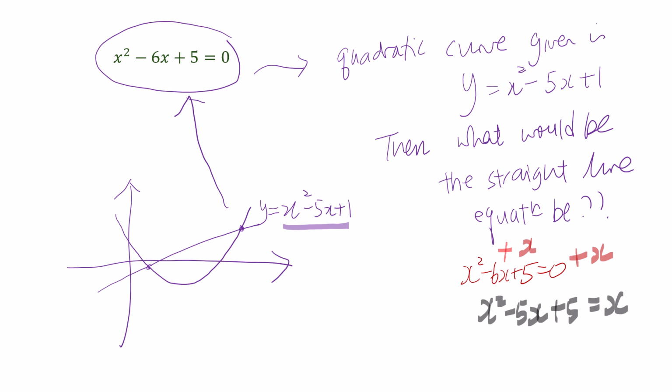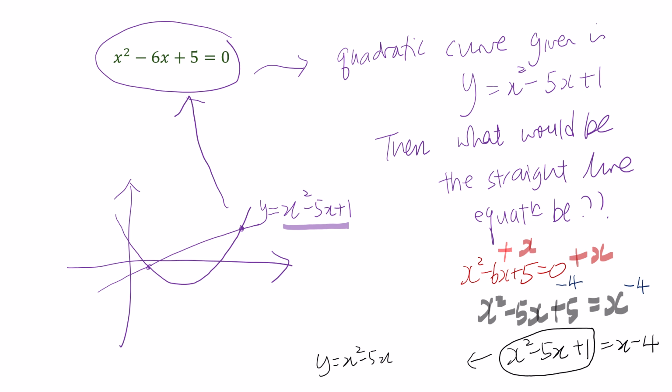And then to get positive 1, I will need to minus 4 on both sides, because 5 minus 4 gives me 1. So I would end up getting x squared minus 5x plus 1 equals x minus 4. Can you see that x squared minus 5x plus 1 is the equation of the curve?